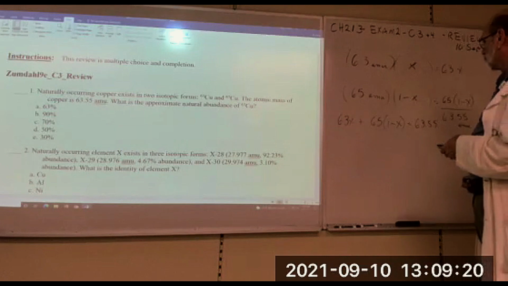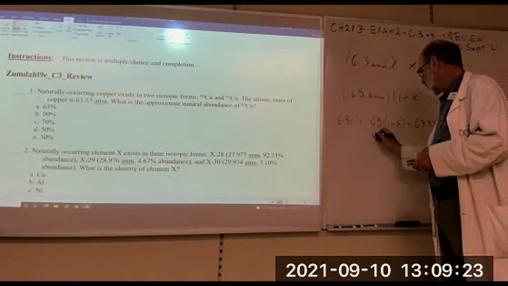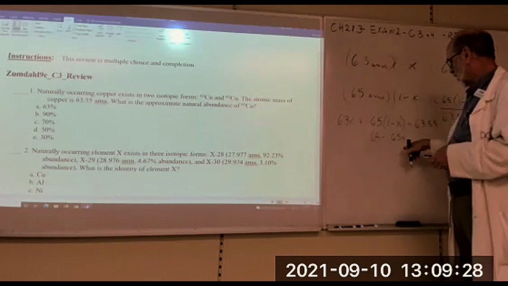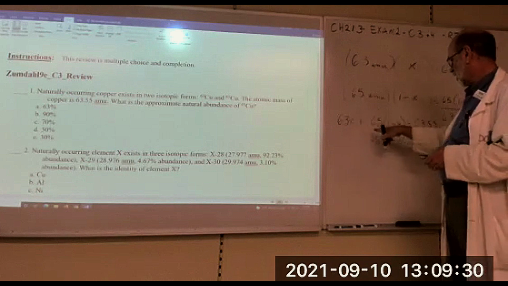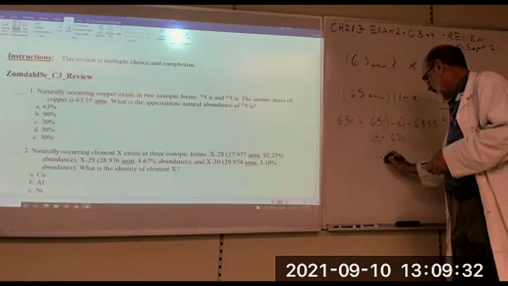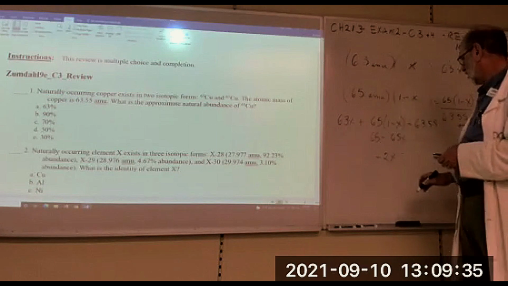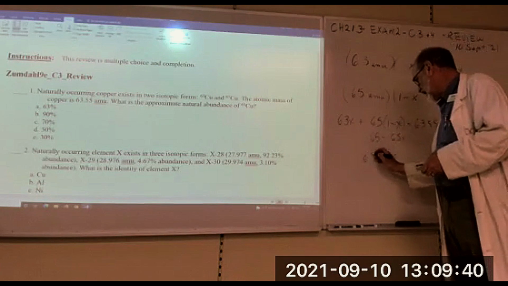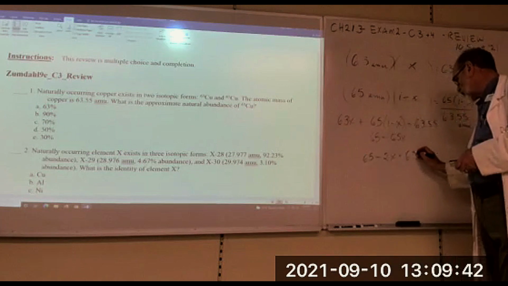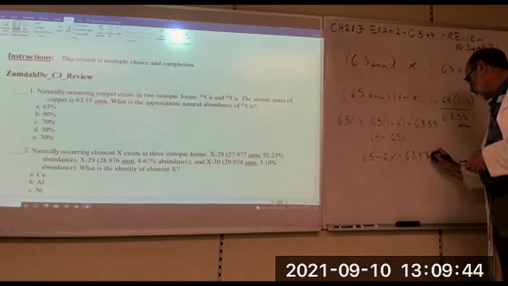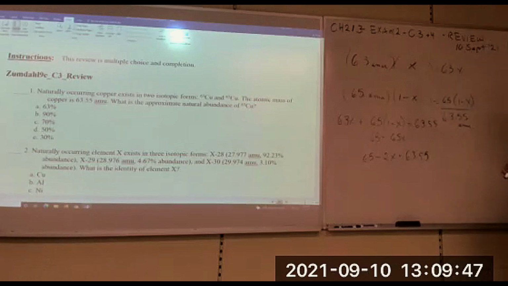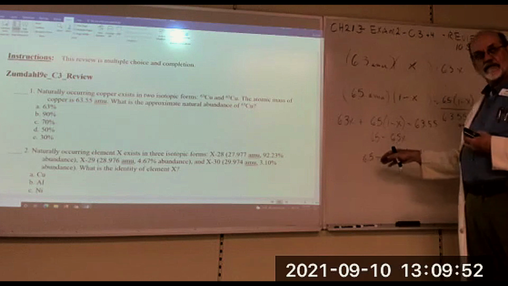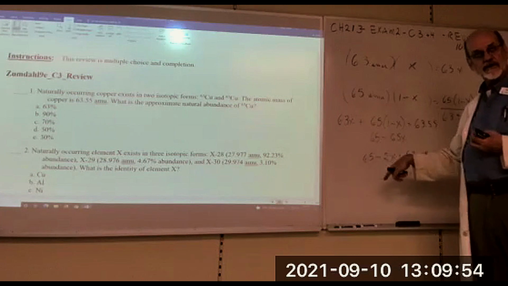Okay, so this one's going to be 63X plus 65 minus 65X. We combine the X's: 63 minus 65 is minus 2X, and this is 65 times 1, of course, 65, is equal to 63.55. Now we want to get all the numbers on one side and the unknowns on the other side.